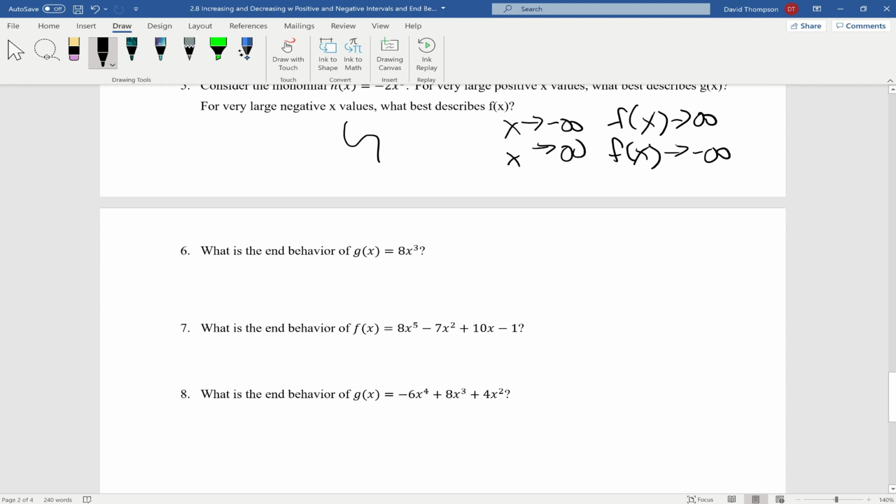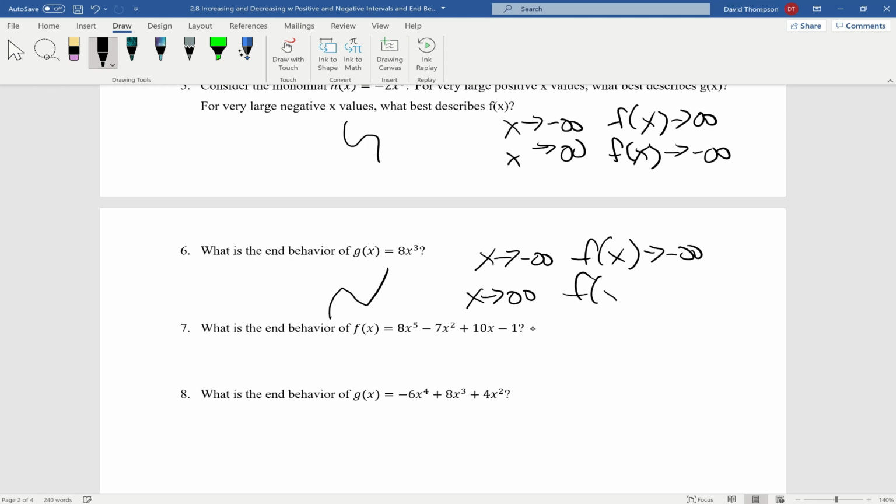Part 6, we have 8x cubed, so the graph's going to look something like this. So we have x approaches negative infinity, f of x approaches negative infinity. As x approaches positive infinity, f of x is going to approach positive infinity.